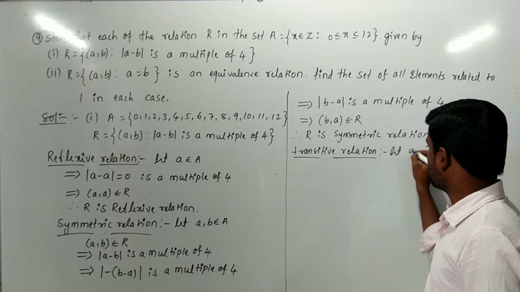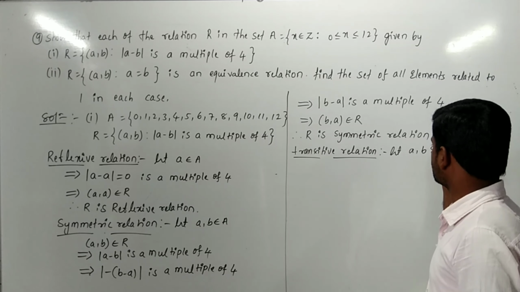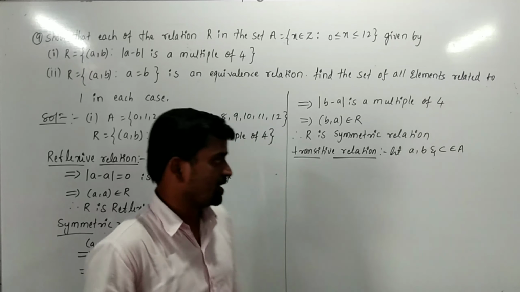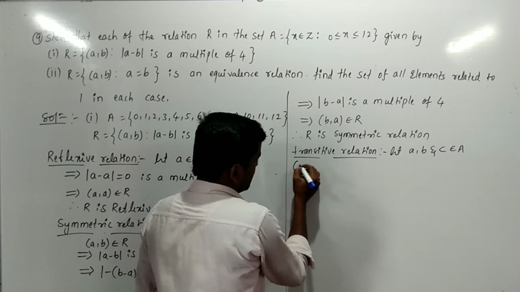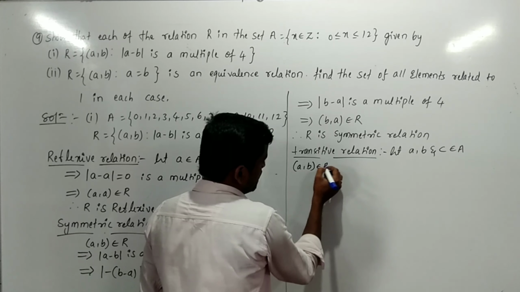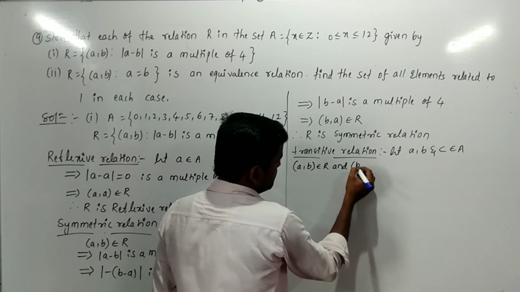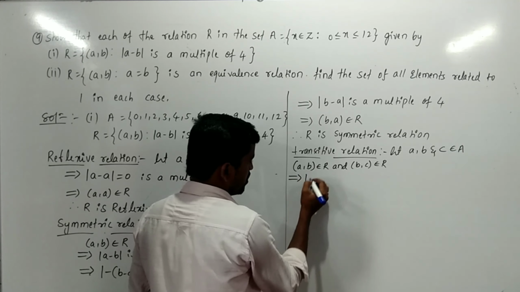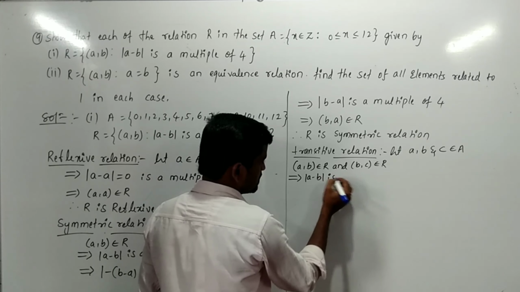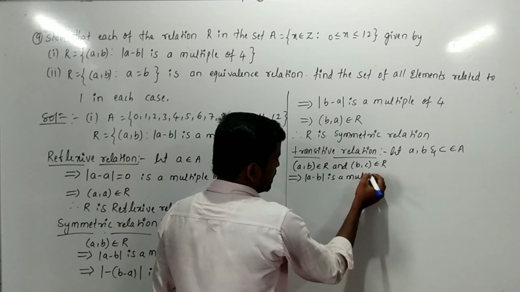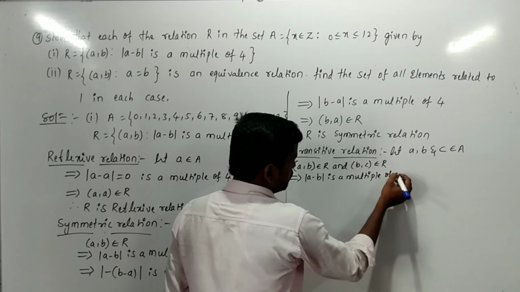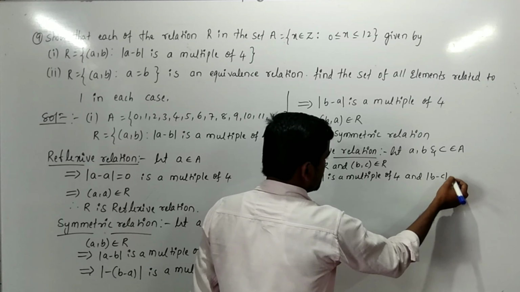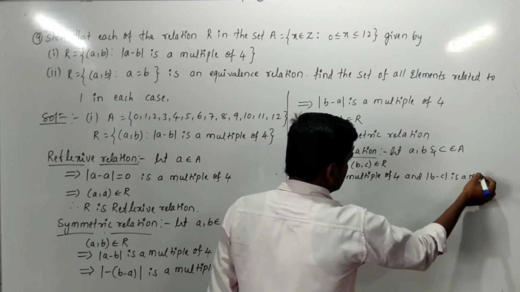Let a, b and c belong to set of elements A. If (a, b) belongs to R and (b, c) belongs to R, this implies |a - b| is a multiple of 4 and |b - c| is a multiple of 4.